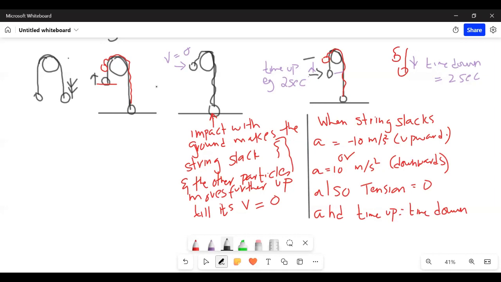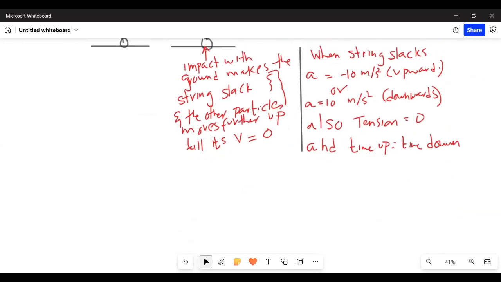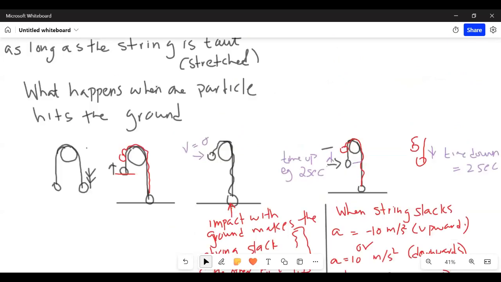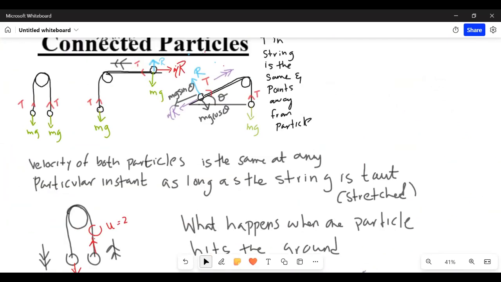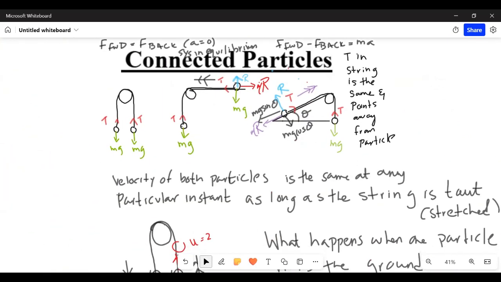I think I've covered everything. Let me just give it a quick look. Okay, yes. One more thing, there is slacking going on due to impact in all of these systems.